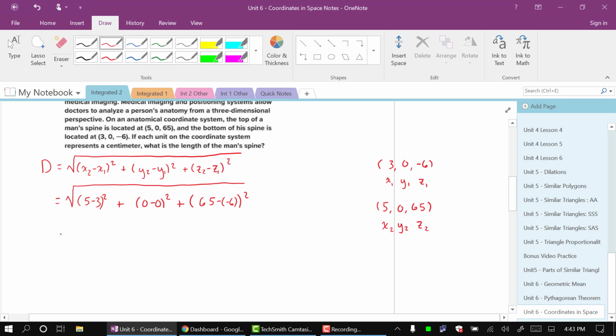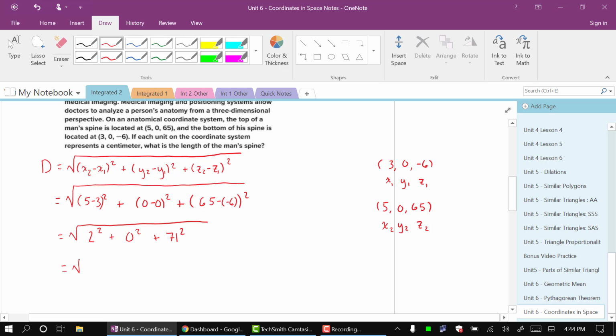So once we simplify the subtraction, we end up getting 2 squared plus 0 squared plus 71 squared. So let's square this out, add that up.